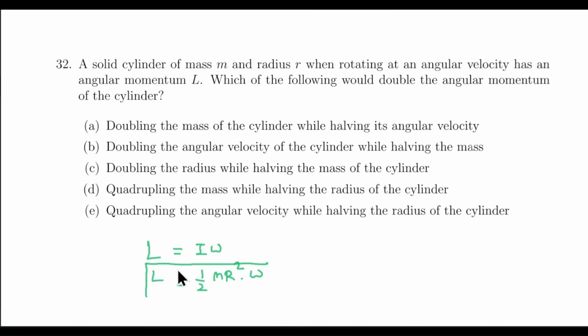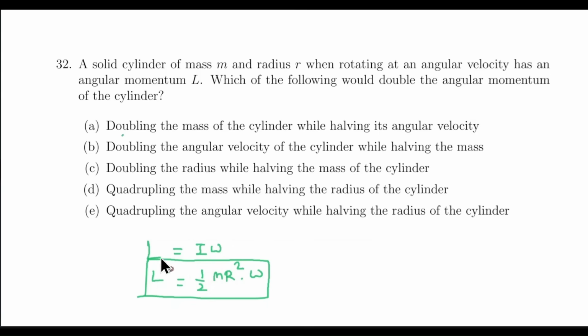Now I want to double the angular momentum, right? So let's read the options. Doubling the mass of the cylinder while halving its angular velocity. I don't think so, because if I double the mass and if I halve the angular velocity, then these two effects will nullify each other, because this will be a 2 and this will be a 1 over 2, which will cancel.